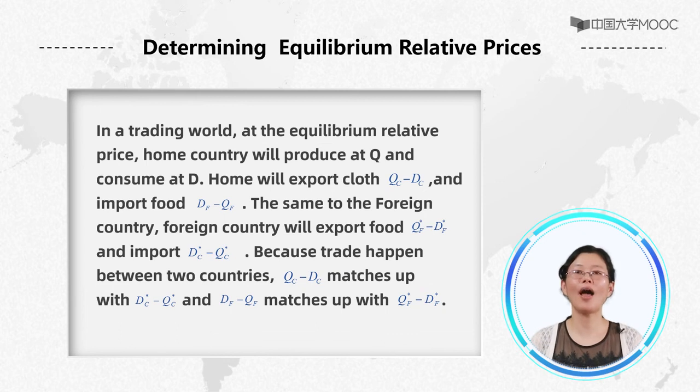The foreign country will export food, QF star minus DF star, and import DC star minus QC star. Because trade happens between two countries, QC minus DC matches up with DC star minus QC star, and DF minus QF matches up with QF star minus DF star.